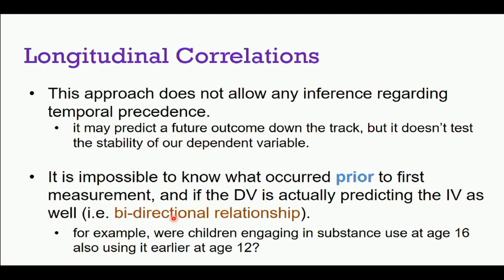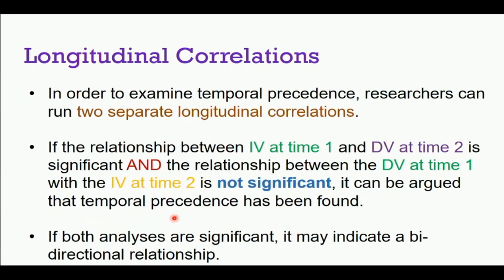Or it might be the case that there's a bidirectional relationship. Maybe kids who are engaged in substance use have poorer impulse control, and then that leads them to do more substances, and it's like a vicious circle. So longitudinal correlation isn't sufficient. But we do sometimes use it as an initial first step.